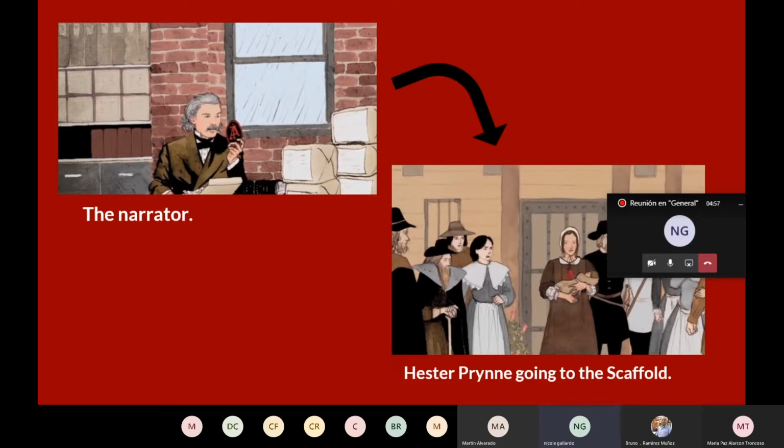When he lost his job at the custom house, he decided to write the story that he found in the manuscript. The first scene of this novel begins when Hester Prynne, who is the protagonist of this story, is let out of prison, carrying in her arms her daughter Pearl, as you can see in the second image in this PowerPoint presentation.